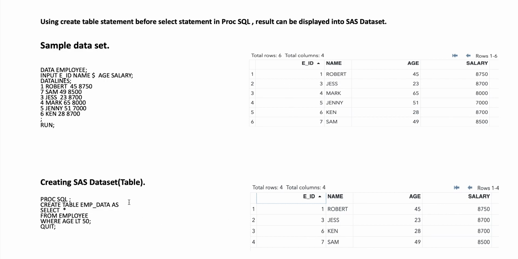In the second set of code, we use Proc SQL. The code is Proc SQL; create table emp_data as, that means it creates or converts the result into a SAS dataset table whose name is emp_data.